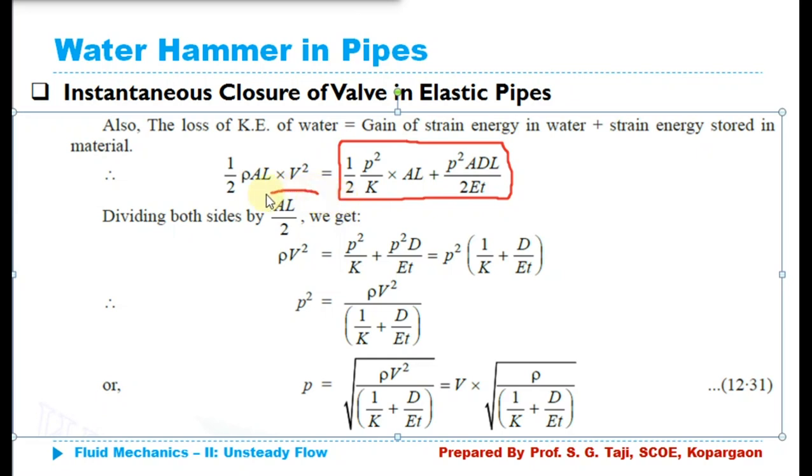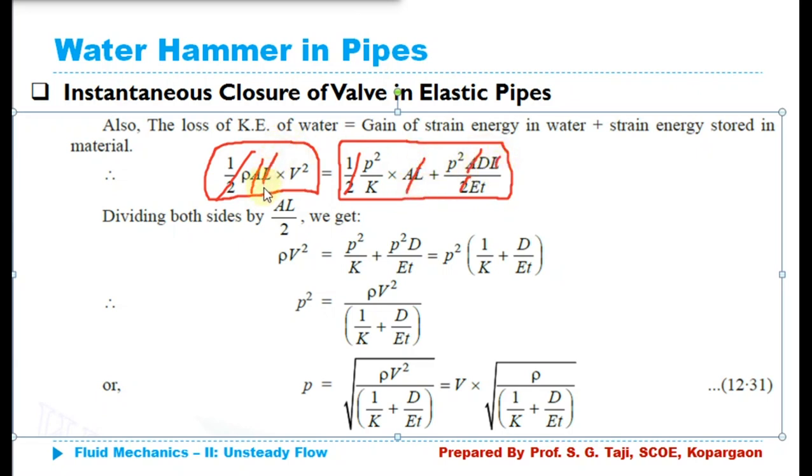That would be equal to the loss of kinetic energy in the water, because the same amount of energy will be stored in water plus pipe. So some of the energy will be stored by the water, and some of the energy will be stored by the pipe. Now, the half is common everywhere, so it will get cancelled. Again A L is common, so it also gets cancelled.